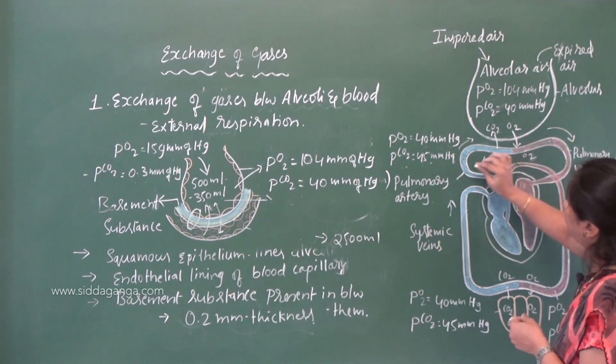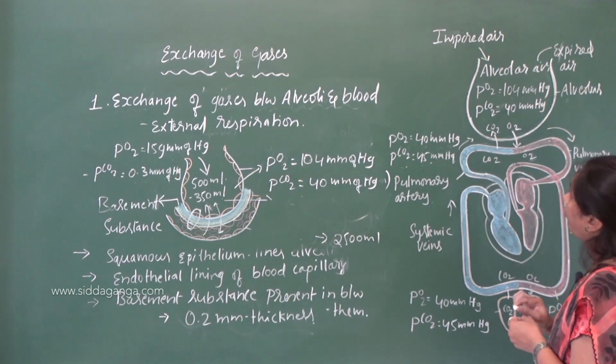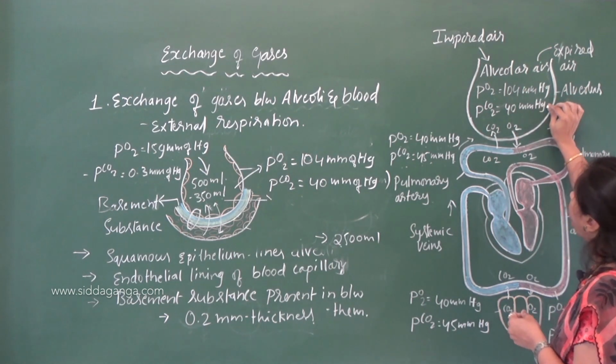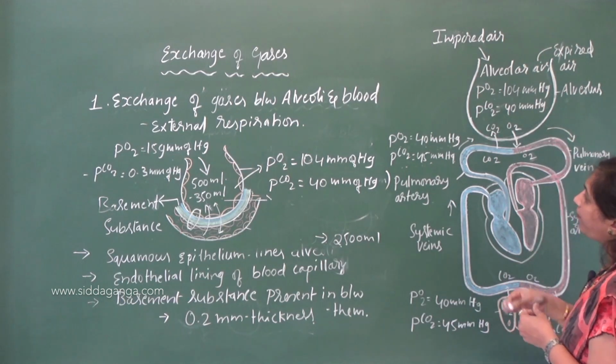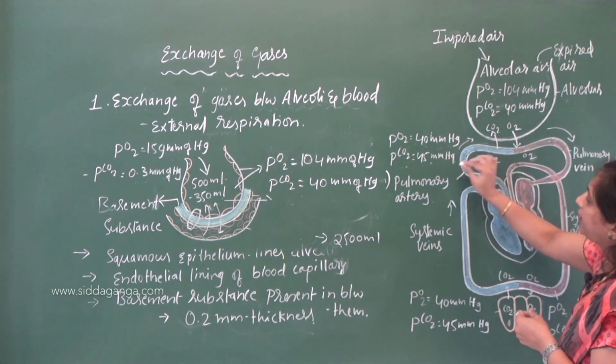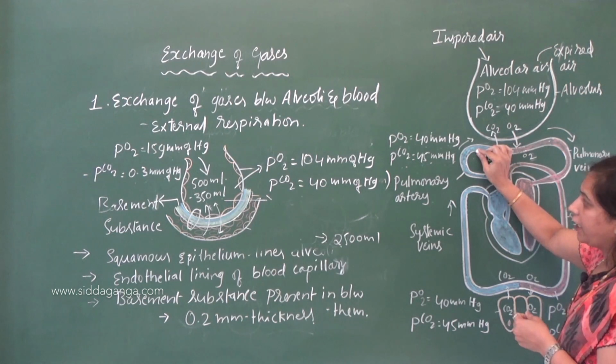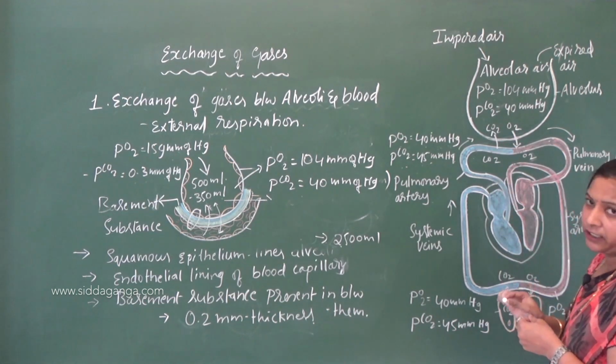And similarly, what is the partial pressure of carbon dioxide in the alveolar air? It is 40 millimeters of mercury. And what is the partial pressure of carbon dioxide in the deoxygenated blood? It is 45 millimeters of mercury.